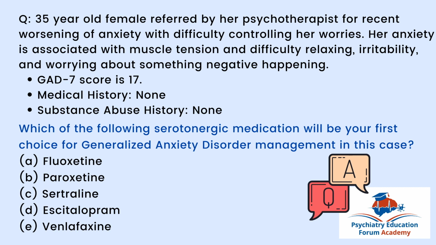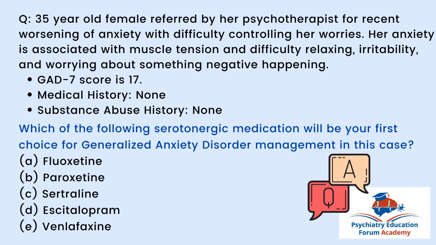Her anxiety is associated with muscle tension, difficulty relaxing, irritability, and worrying about something negative happening. You did the screening tool after your interview. GAD-7 score is 17, which puts her anxiety in a severe range.